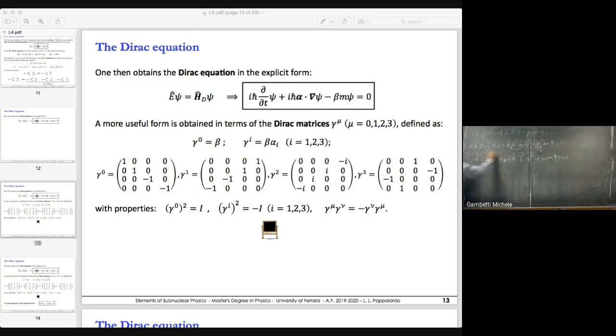So this is now an equivalent way to write the Dirac equation in terms of the Dirac gamma matrices.